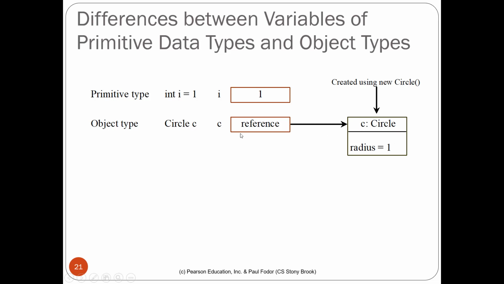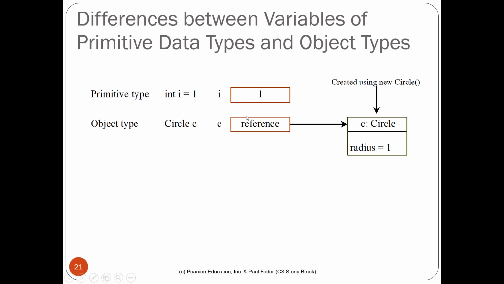Alright, so when you create a circle with the radius 1 with the new operator, we are doing it this way. We are saying new circle. So Circle C is equal to new Circle. That's what you will do. The result of that would be the creation of a circle with radius 1. So now the address of the circle with the radius 1 is being copied into C. So C does not have a value 1.